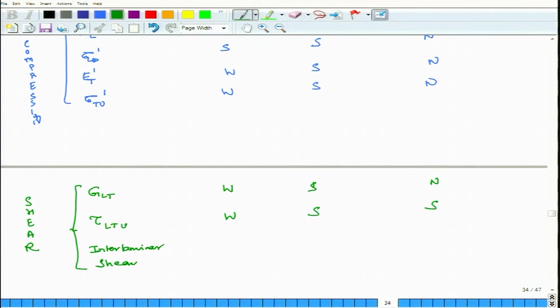And finally interlaminar shear, which is the shear strength between two layers, weak, or actually here it is actually negligible, strong and strong, okay. So, this gives you a comprehensive overview in a subjective sense, and with this we conclude our discussion for this week.